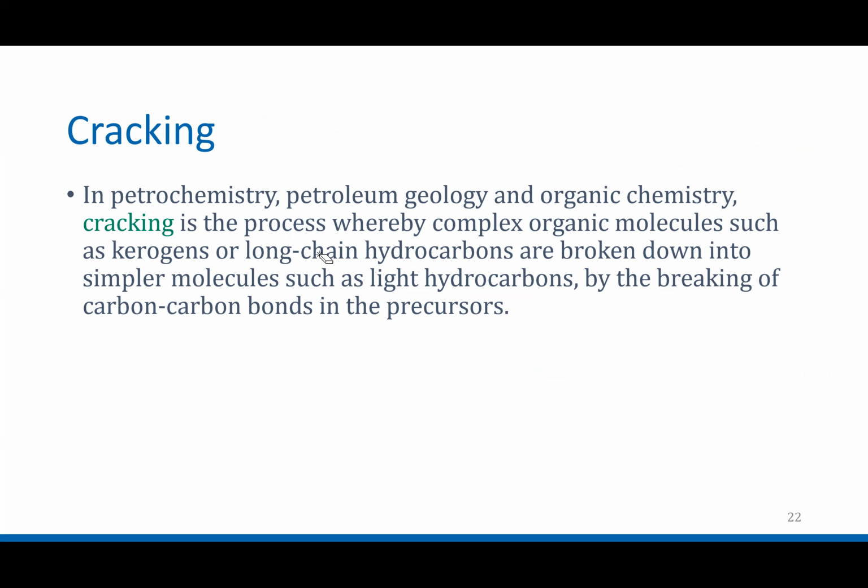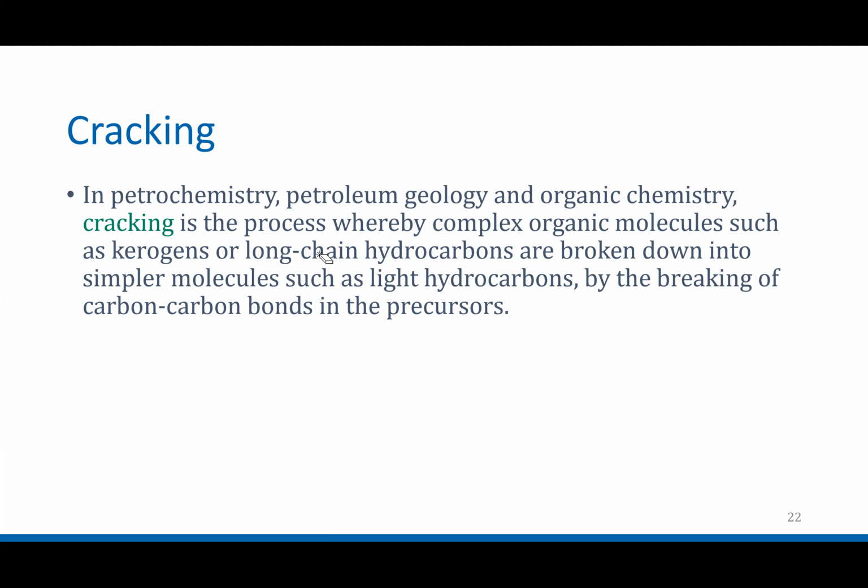And this is one of my favorite processes because the name is exactly what it sounds like. What I mean is, cracking in English means breaking something into smaller pieces, right? If you crack an object, the term again in English means to break something. And if you crack a pencil or you crack a piece of glass, it will turn into smaller objects.